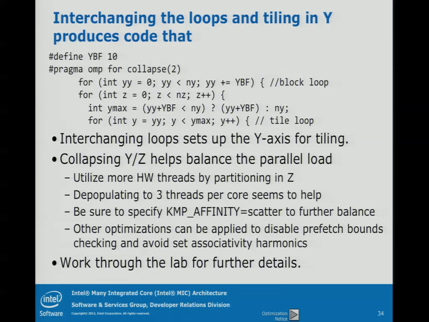And this is how it was done in the code. It's also in the lab material, so you can have a look yourself. So the key idea is you define a y blocking factor so that we don't exceed the cache size. We also rearrange the loops a bit, and so the outer loop now runs in a certain block size, in a certain stride, so that the data just fits into the cache.